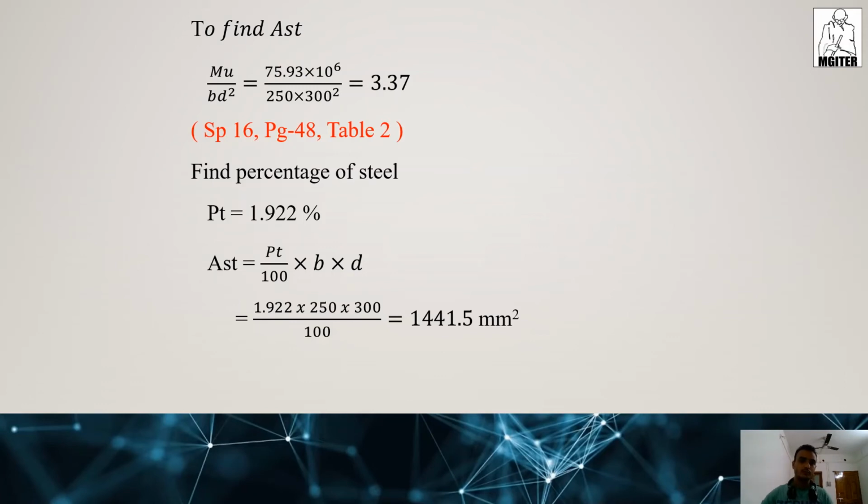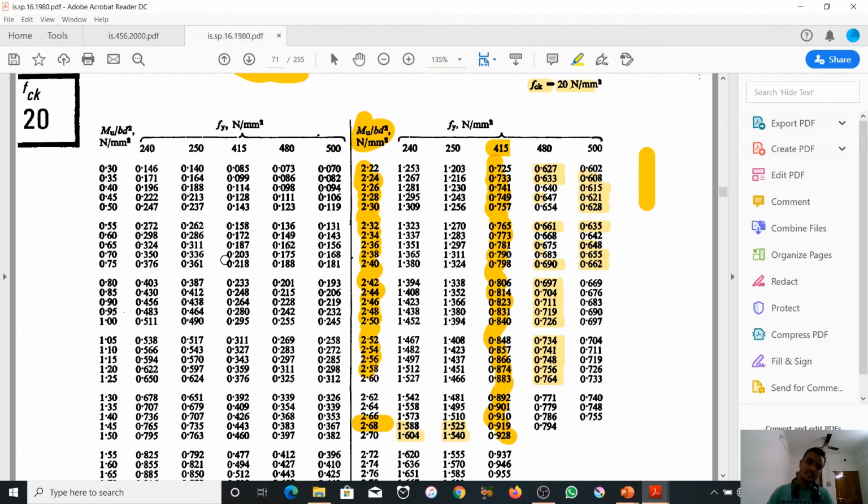After that, we have to find the area of steel by this equation: Mu upon B D square. Mu is 75.93 into 10 raised to 6, divided by 250 into 300 whole square, which is equal to 3.37. Once again we have to follow the IS code, SP 16 page number 48 table 2.